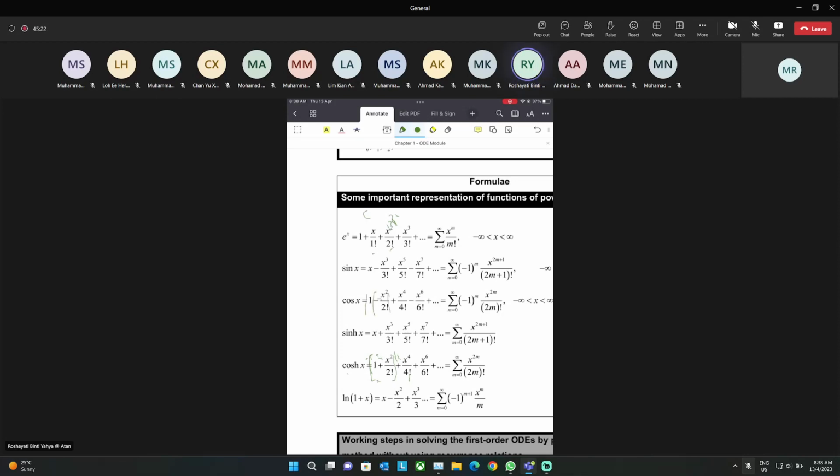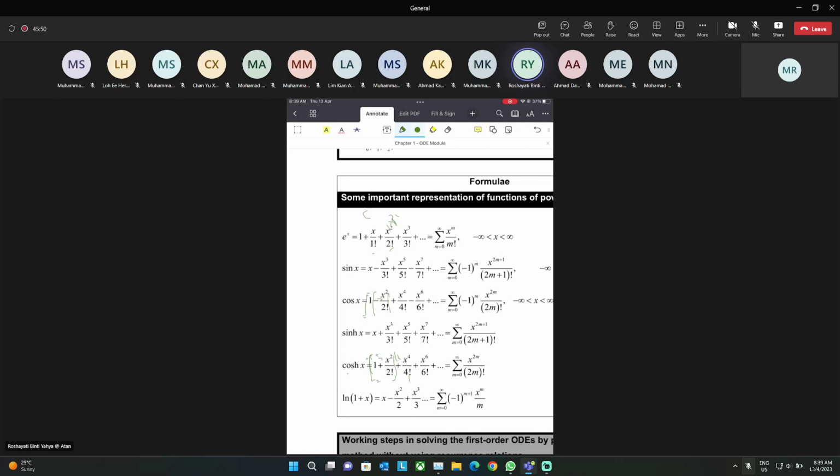Sign positive, negative, not a big deal. So that's why you need to go for more powers, so that you will have a clear figure of which one, whether exponential, sine, cosine, or ln you can use later on.